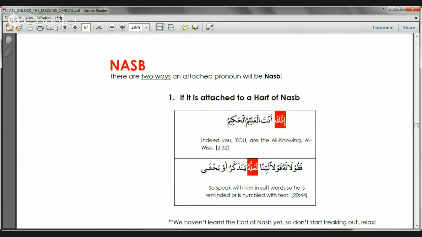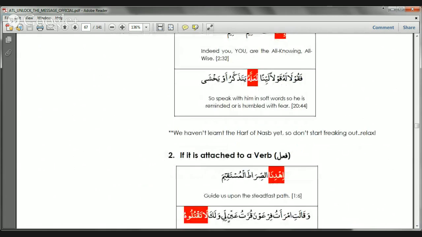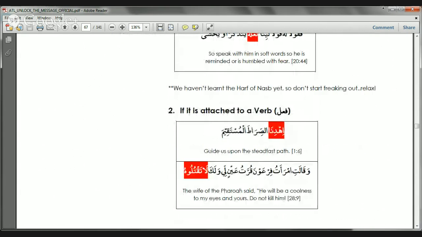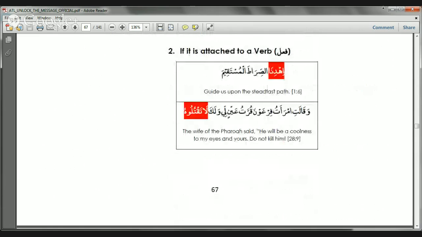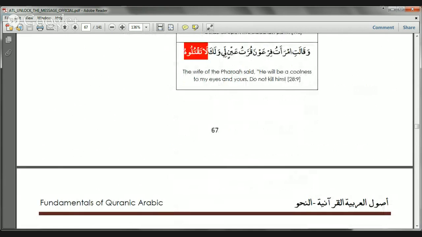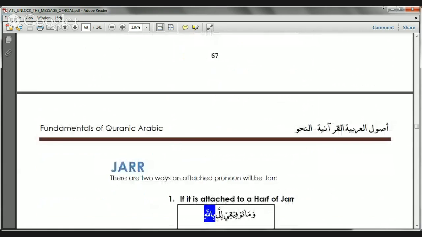I want you guys to actively tell me when I ask you so that it will become ingrained in you. It's a way of educating you. When you tell yourself, you ingrain it in yourself. The first way that it is going to be nasab is if it is attached to a harf of nasab. Second way is attached to a verb. Very good.